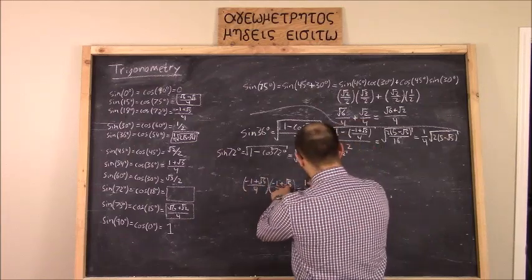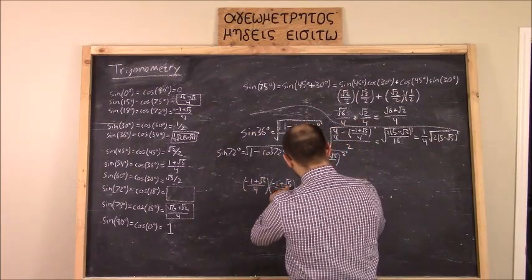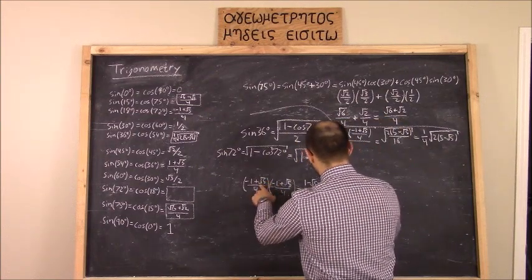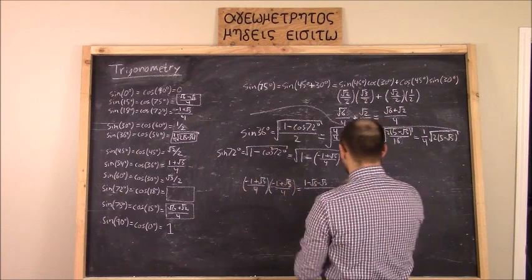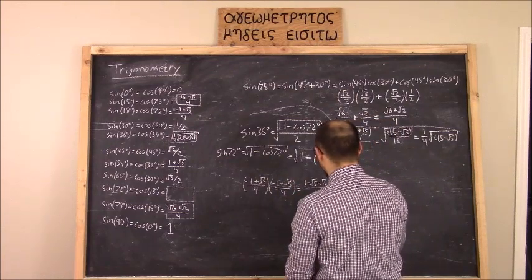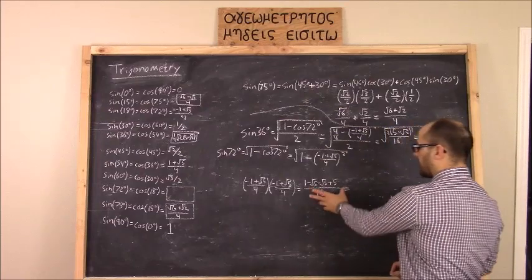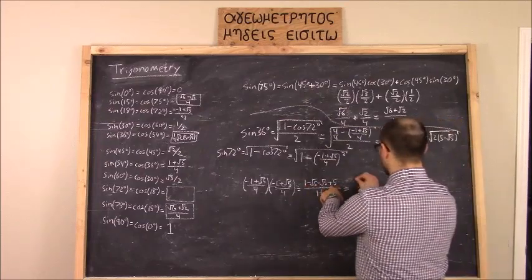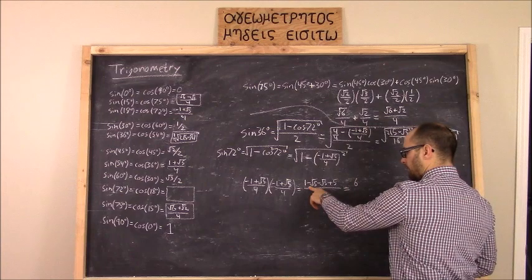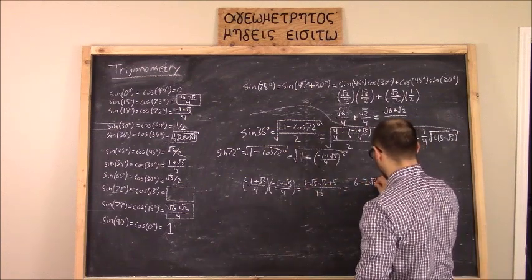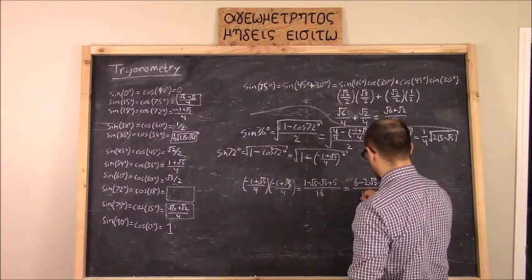Negative root 5 and another negative 1 times root 5. And root 5 times root 5 is 5. 4 times 4 is 16 in the denominator. Up top I can clean up a bit. 1 plus 5 is 6. Negative root 5 minus another root 5 is going to be minus 2 root 5. And that's all over 16.